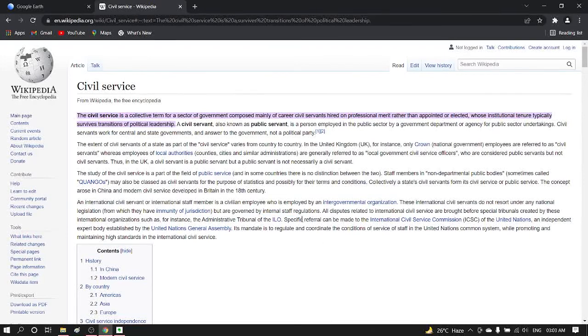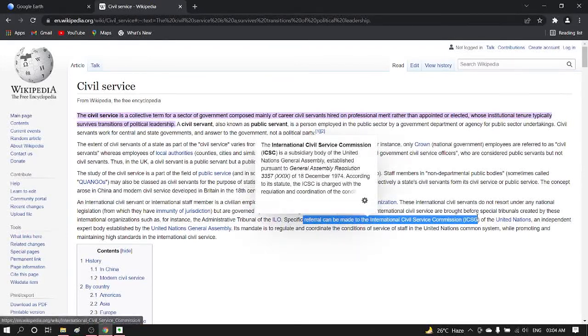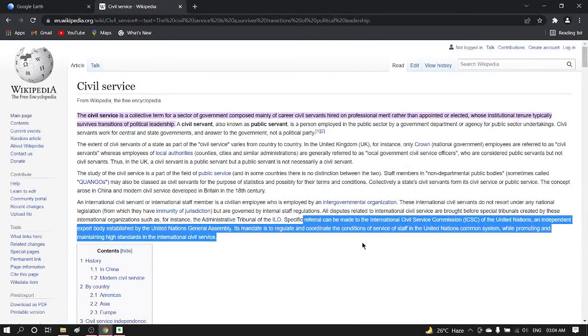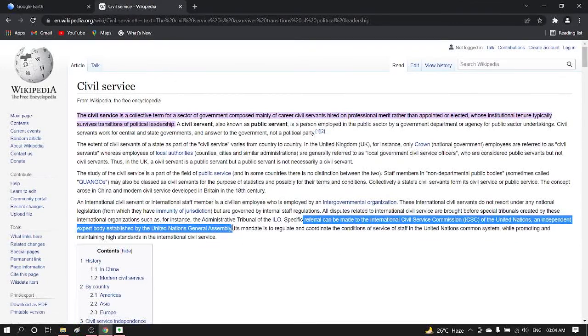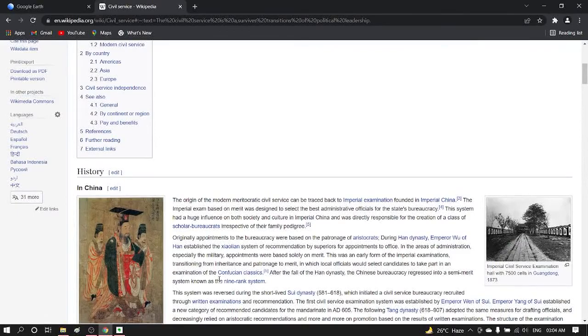So specific referral can be made to the International Civil Service Commission of the United Nations, an independent expert body established by the United Nations General Assembly. Its mandate is to regulate and coordinate the conditions of service of staff in the United Nations common system while promoting and maintaining high standards in the international civil service.